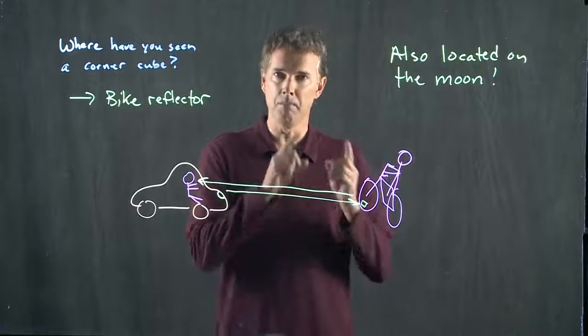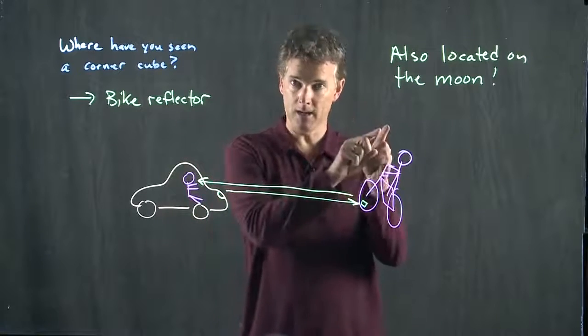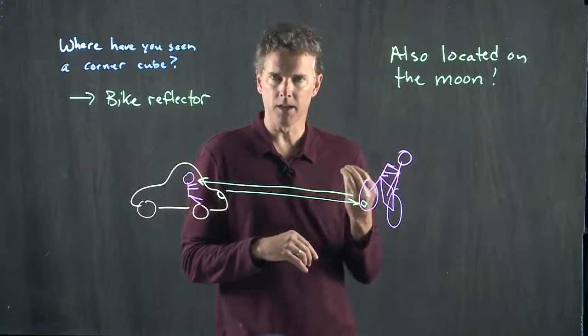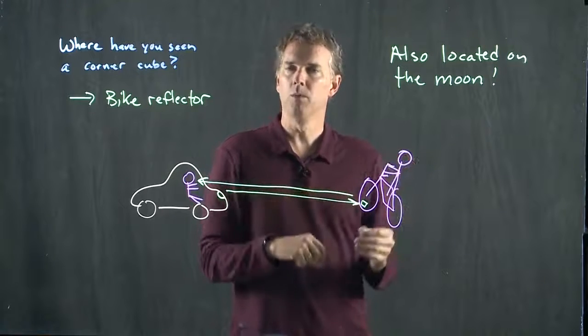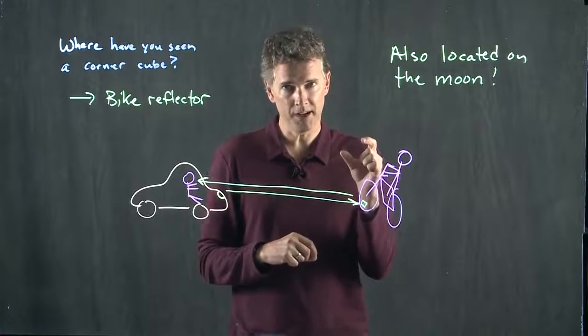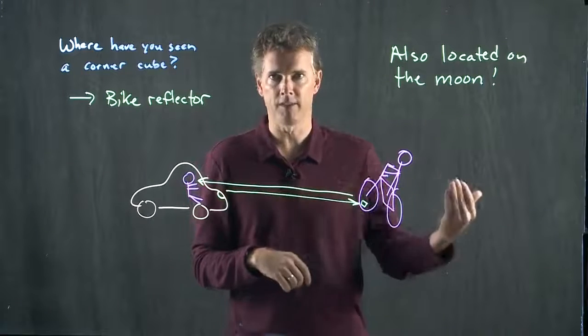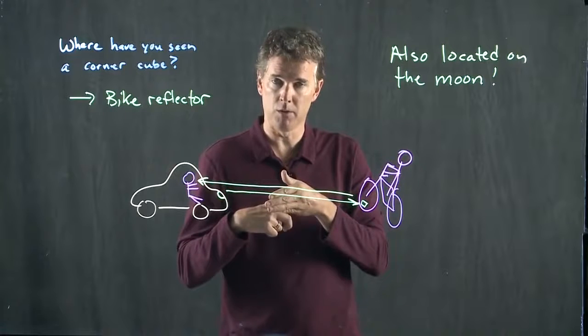We are taking these big lasers, just like these headlights, shining it at the mirrors on the moon and collecting the light that comes back down to us. And when we do that, we can determine very precisely the distance from the Earth to the moon. We know how fast light goes. We now know how long it takes in time to go there and back.